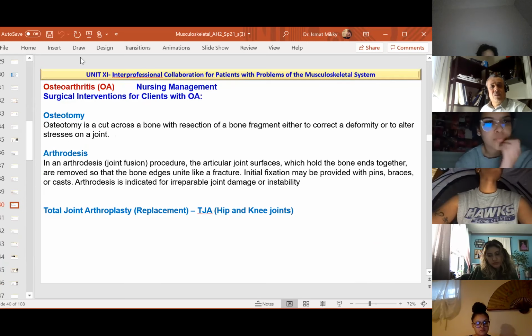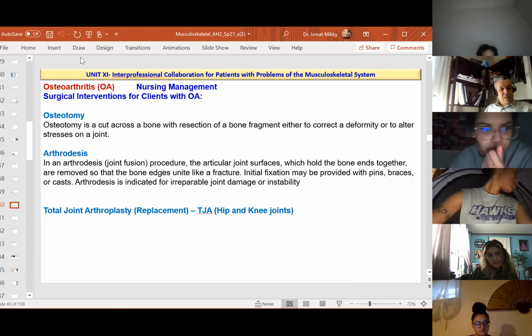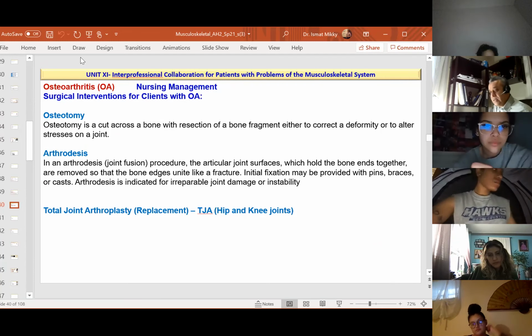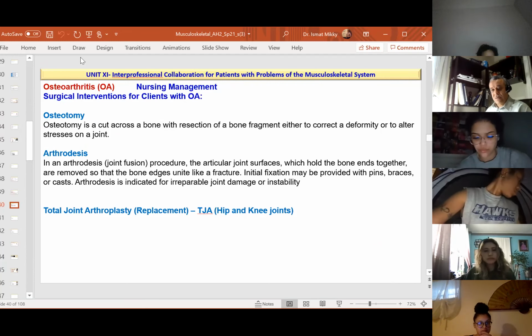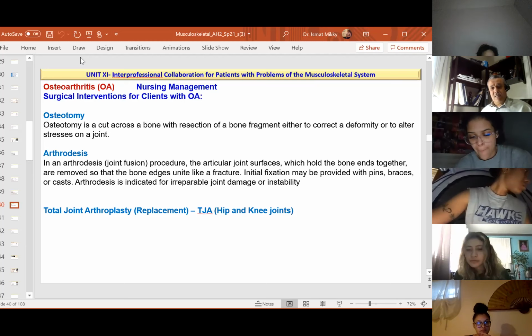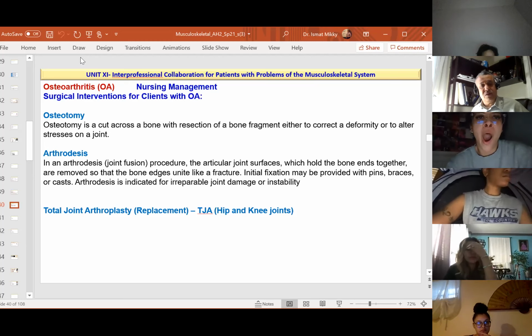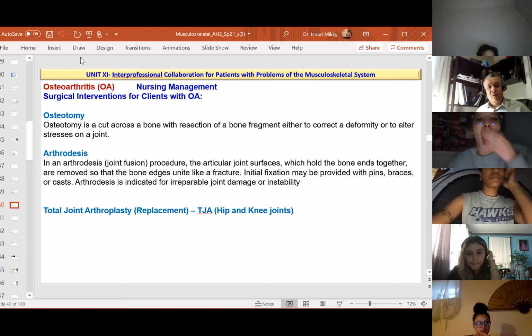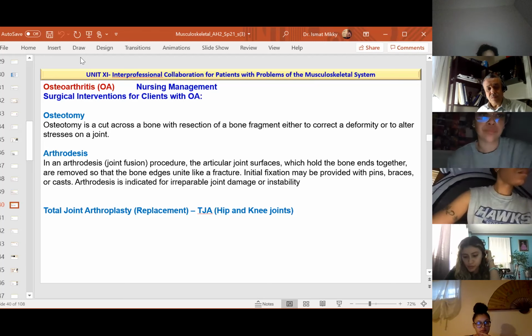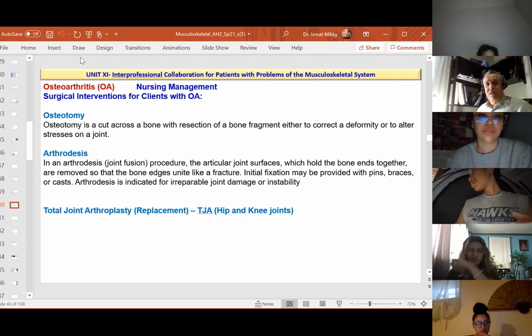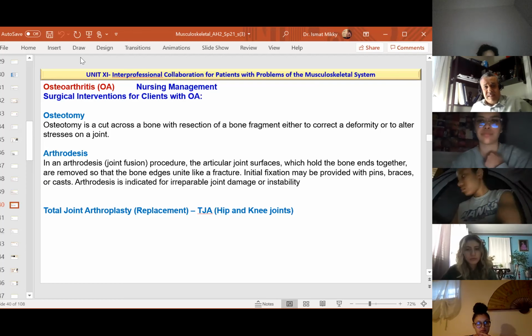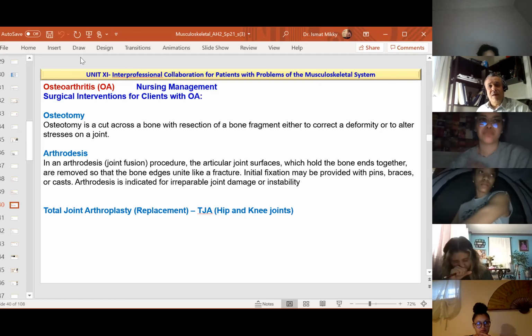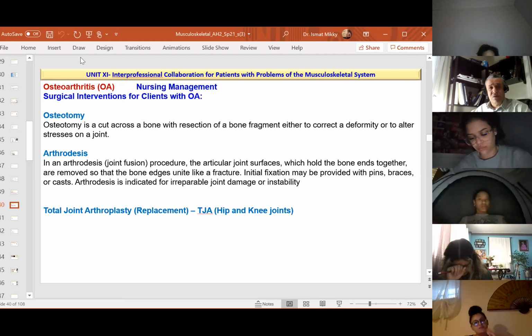Okay, so we covered the content up to this slide, right? We said that the surgical interventions to treat osteoarthritis depend on the patient's condition and the stage of the disease itself. Then the intervention will be determined.